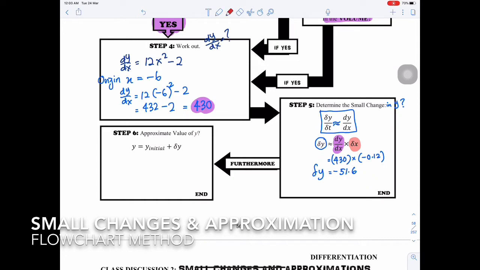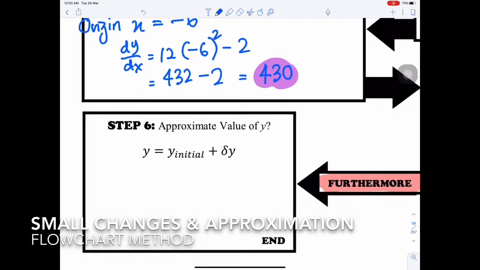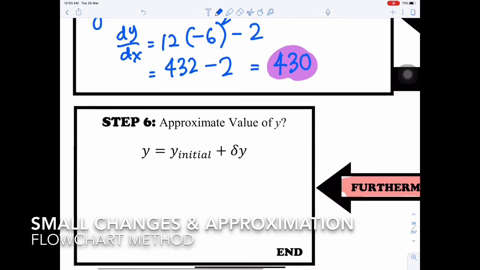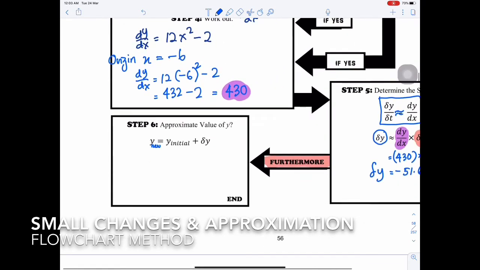Okay, and then furthermore, we want to calculate the approximate value of y new. So y new equals, this is the formula, y initial plus delta y.